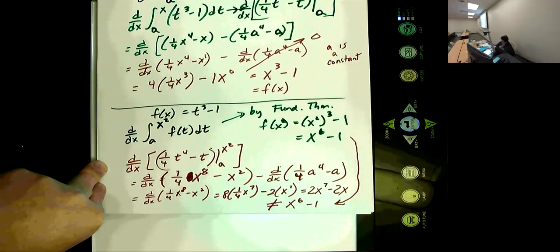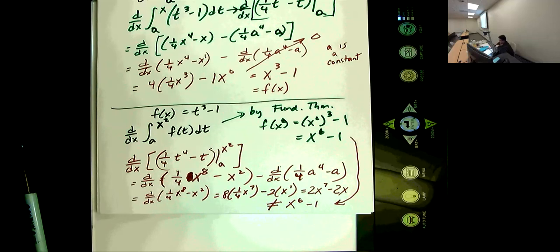So the fundamental theorem gave us the wrong answer here, because I used it wrong. It's all because I used it wrong.